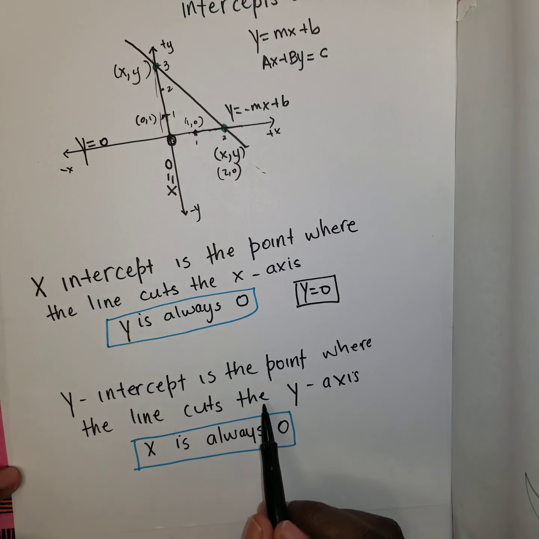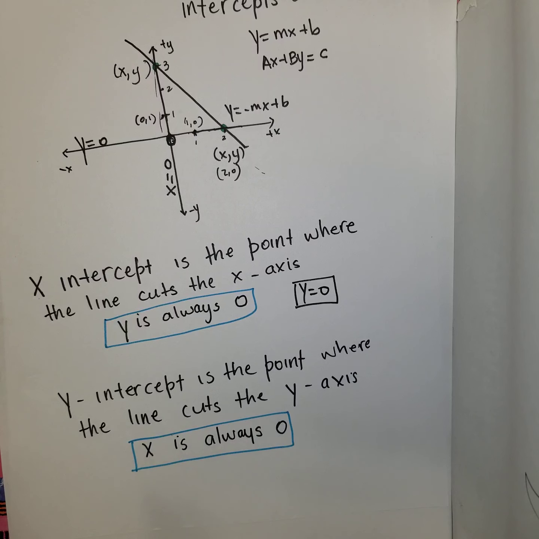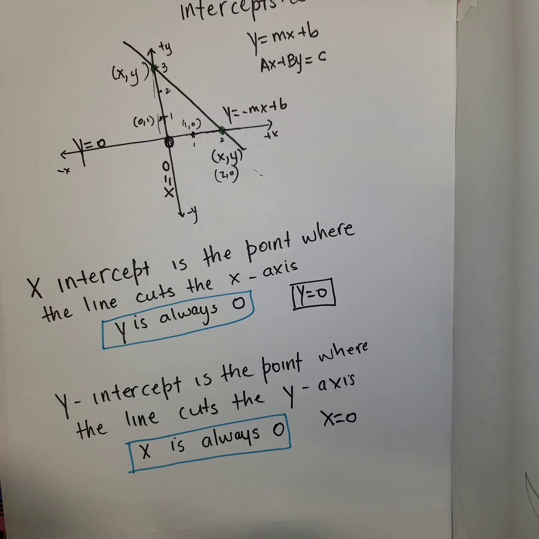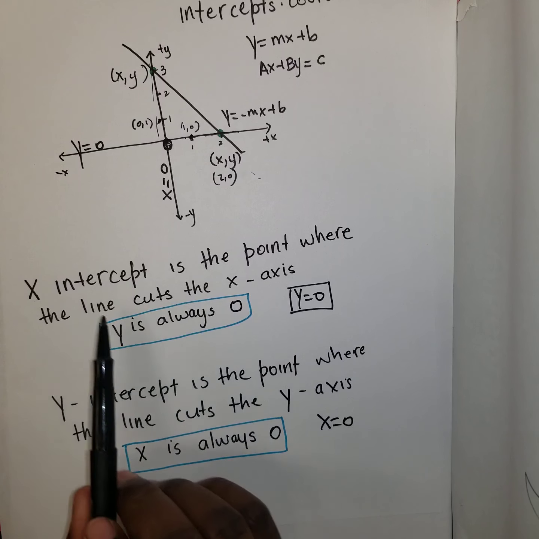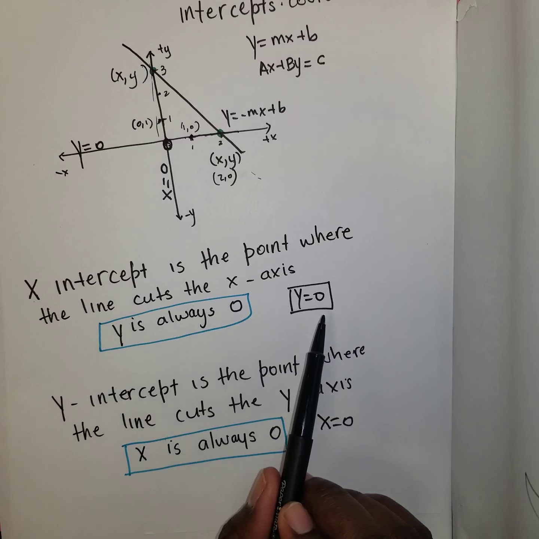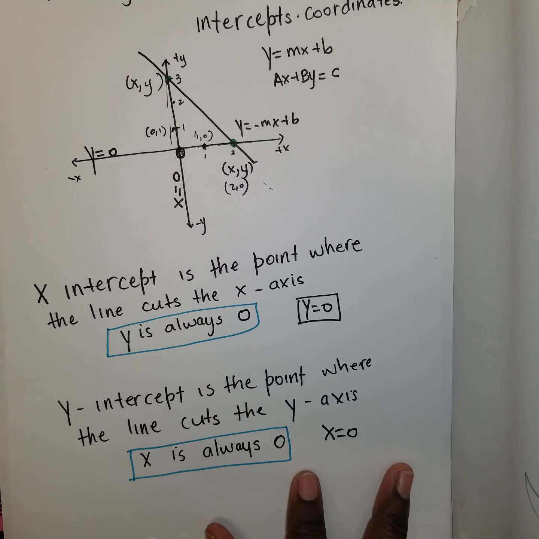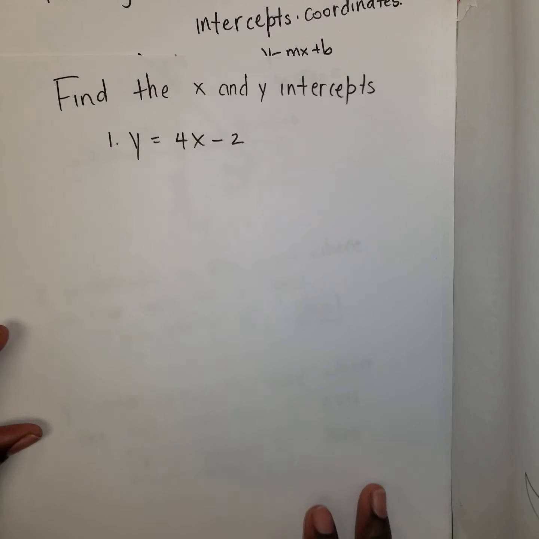And for the y-intercept, this is the point where the line cuts the y-axis, where x is always equal to 0. So guys, once you understand that for the x-intercept y equals 0, and for the y-intercept x is equal to 0, you can complete any given question with that understanding. So we have to bear those two things in mind.